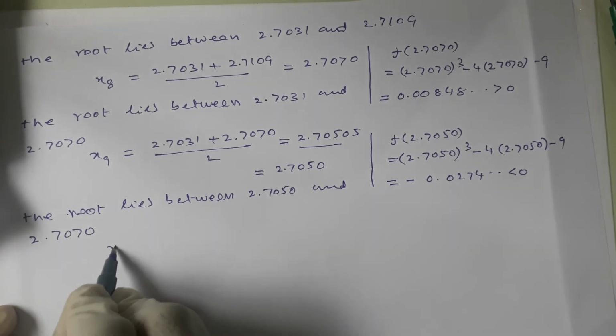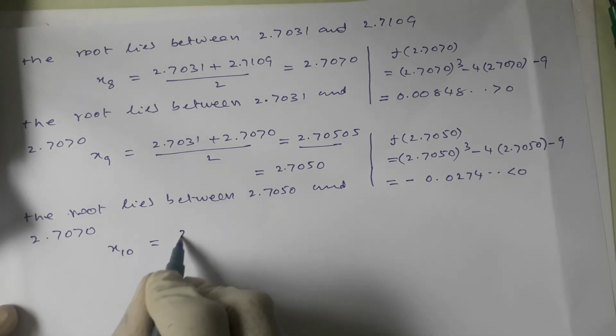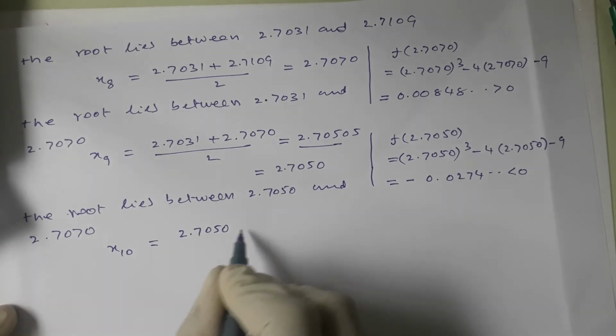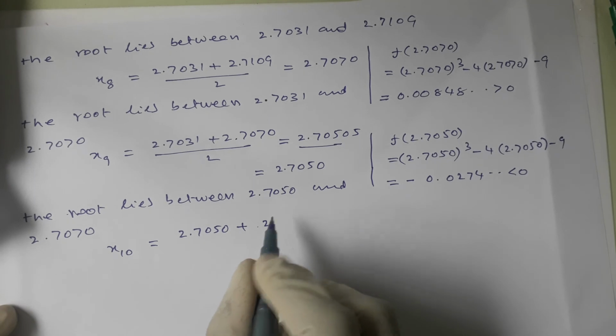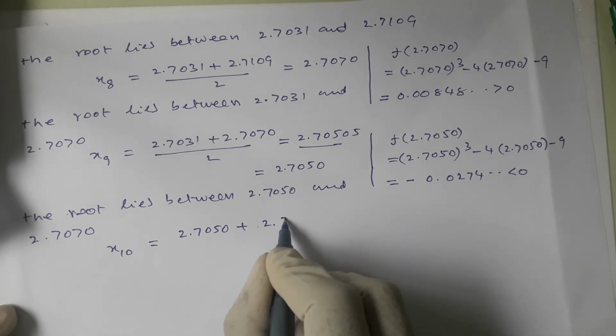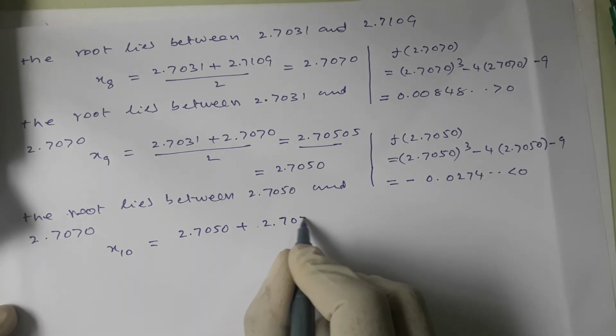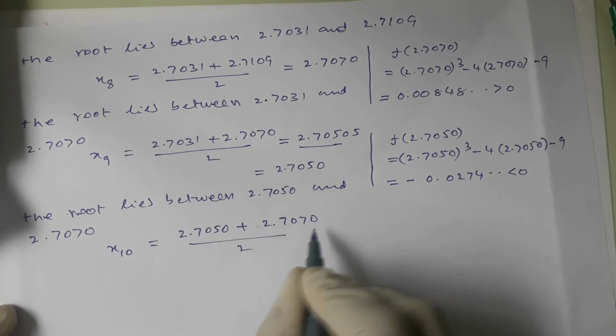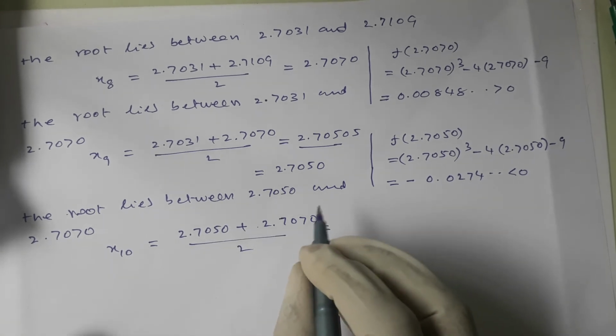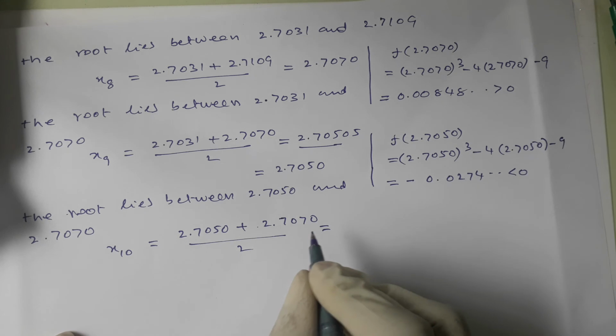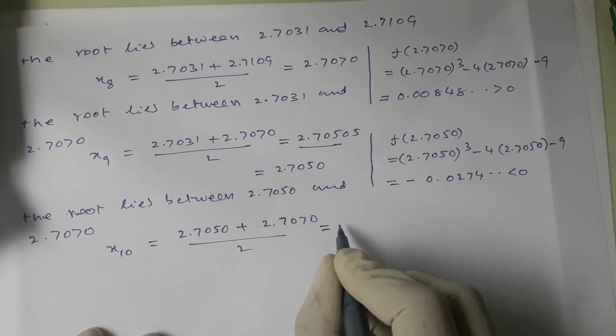So that x10 is equal to 2.7050 plus 2.7070 divided by 2 is equal to 2.7060.